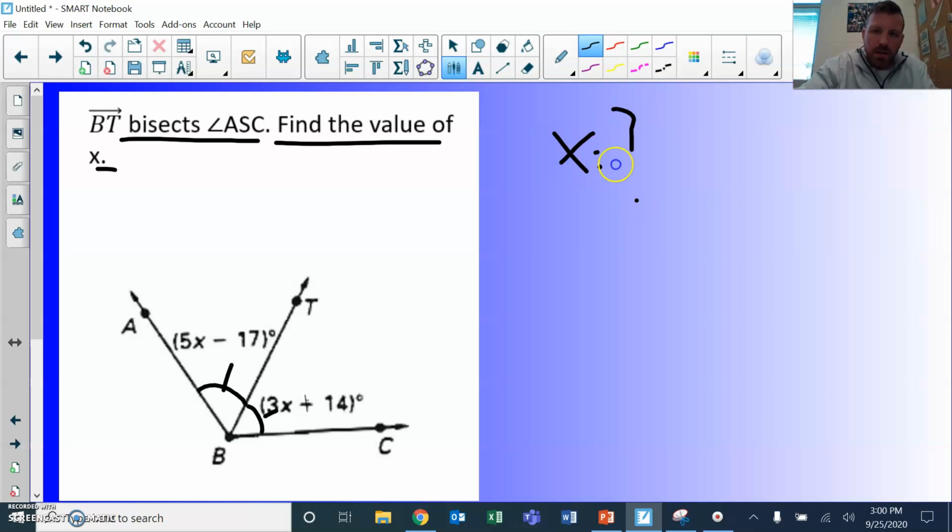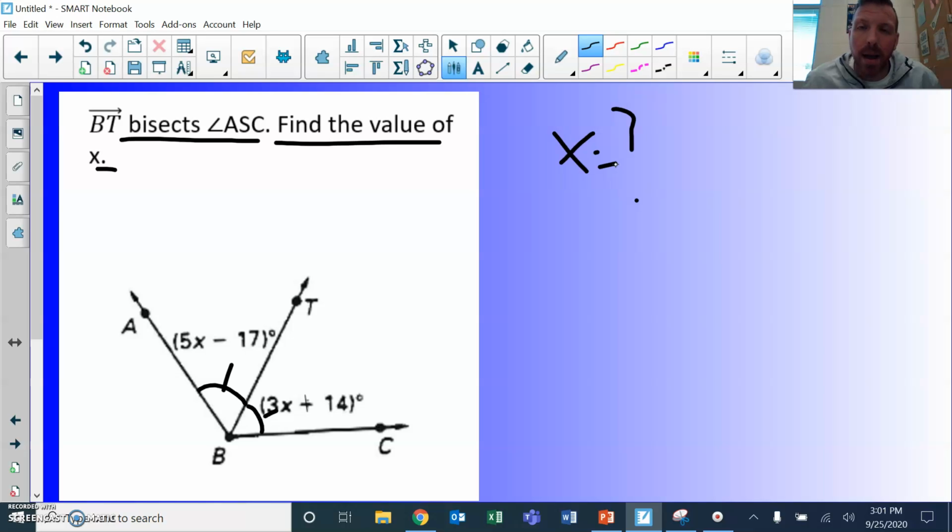What is x? All right, so what we do know, which is pretty awesome, is that bisector means cut in half, right? If it means cut in half, then we know that those two parts are the same. Now, we can't use angle addition here, because we don't know what the whole angle is. We can't guess it. We can't put an x there because we're not sure if it is x.